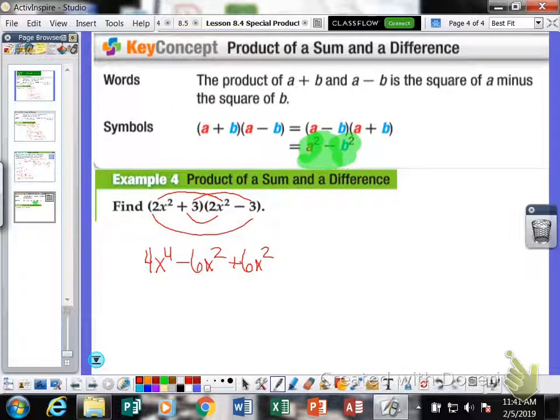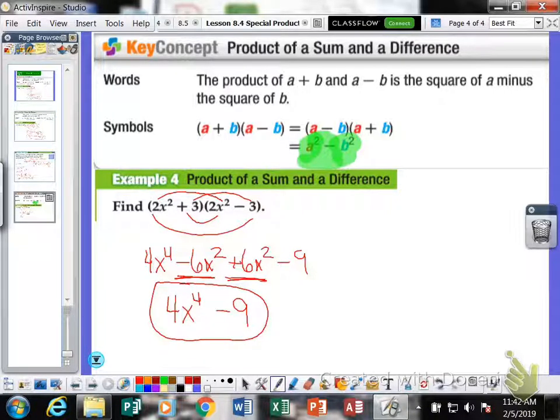And 3 times negative 3 is negative 9. Now I combine my like terms. Negative 6x squared plus 6x squared is just 0. So I'm left with 4x to the fourth minus 9, and that is my final answer there.